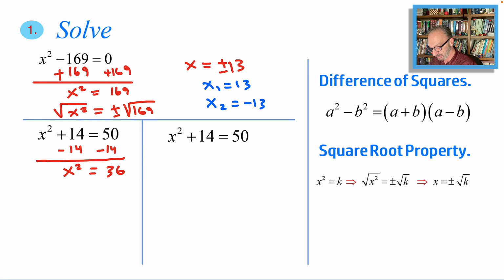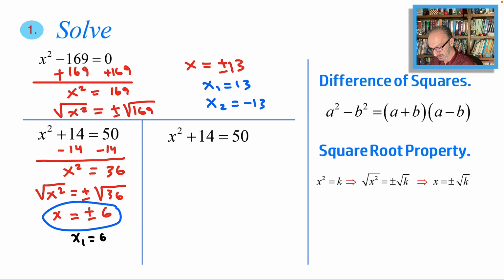Applying the square root to both sides, we end up with x to the second under the square root equals square root of 36. One more time, don't forget the plus minus to be added. That will give me x equals plus minus 6. And that's the answer. That means we have two answers. One of them is called x1 equals 6, and the other one is -6.